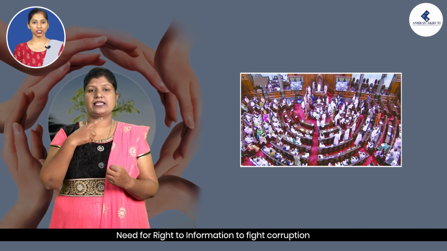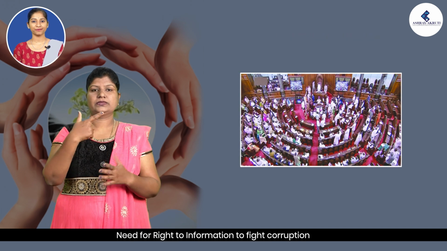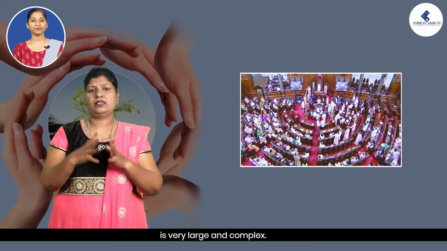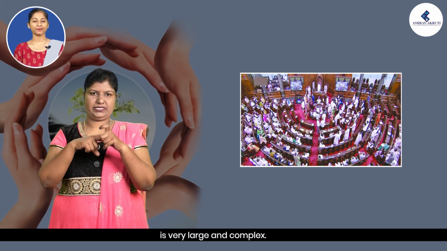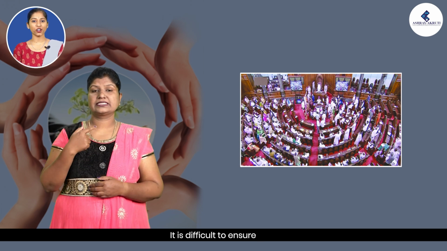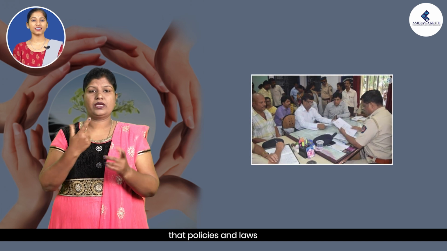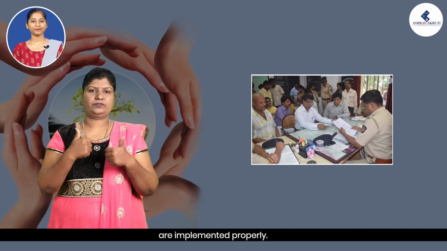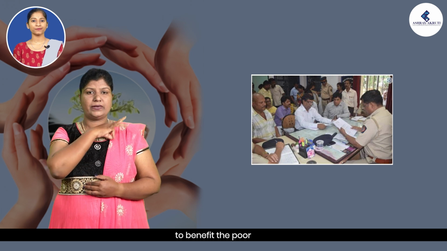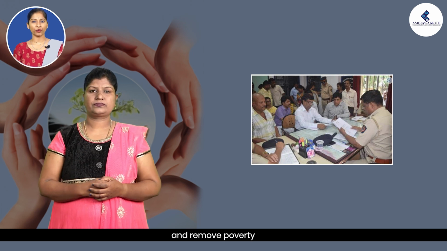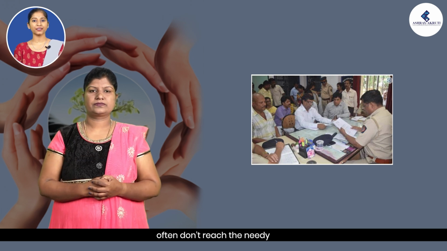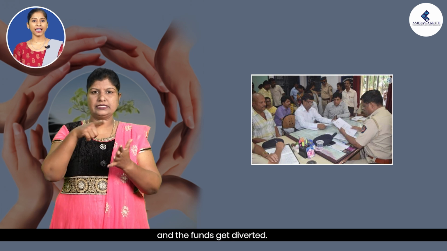Need for right to information to fight corruption. The government system is very large and complex. It is difficult to ensure that policies and laws are implemented properly. Programs that are undertaken to benefit the poor and remove poverty often don't reach the needy and the funds get diverted.